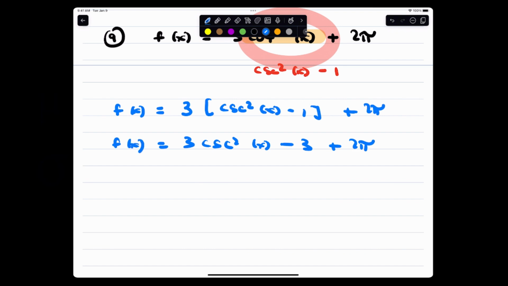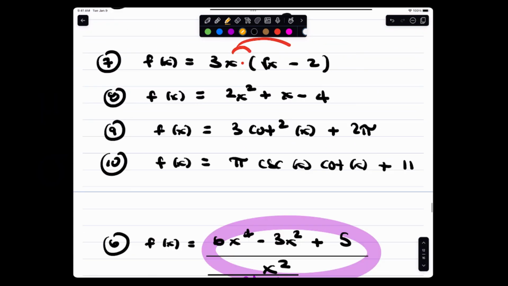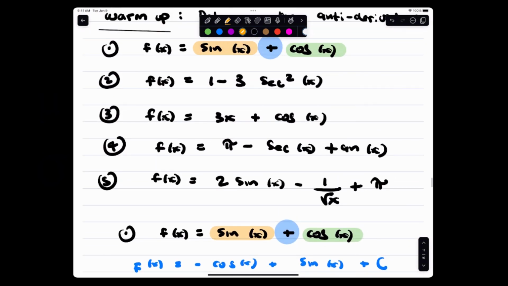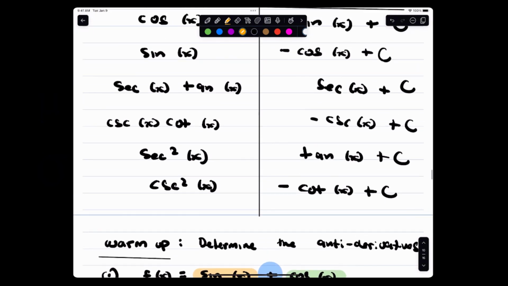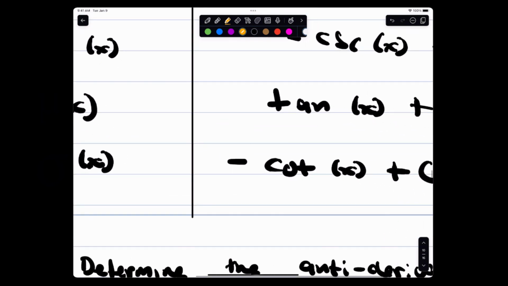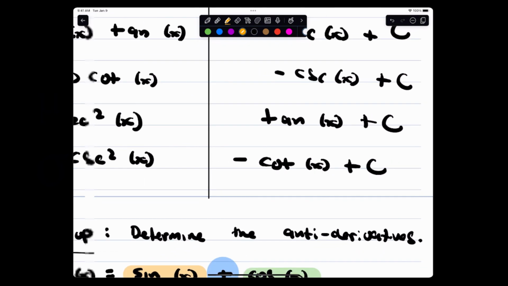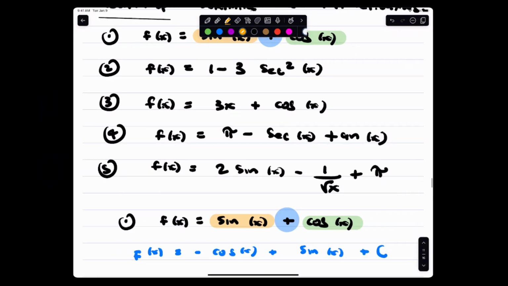So let's go back to the antiderivative list, because what we know is, is there an antiderivative for cosecant squared? There is. What is it? See this here? Antiderivative is minus cotangent.